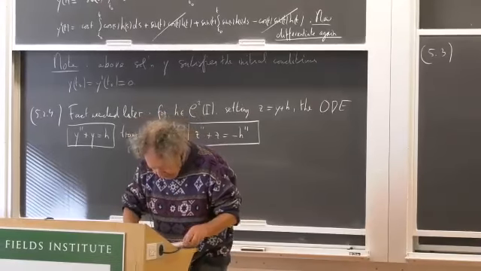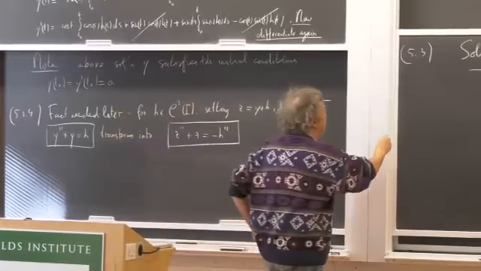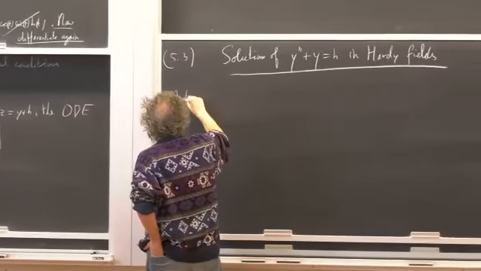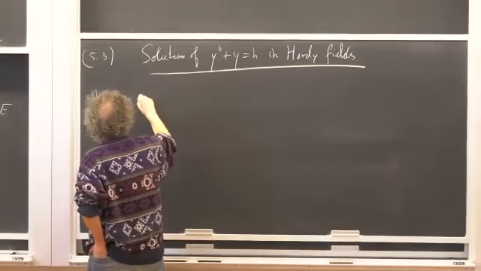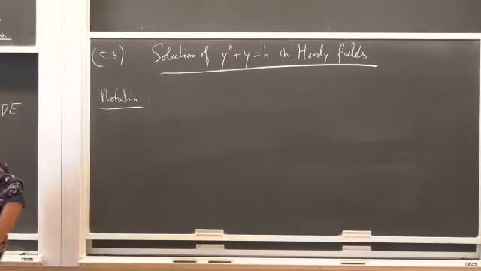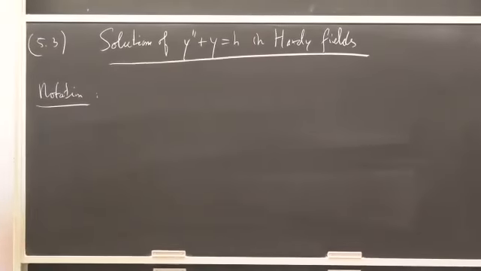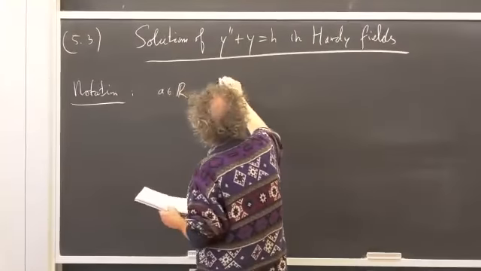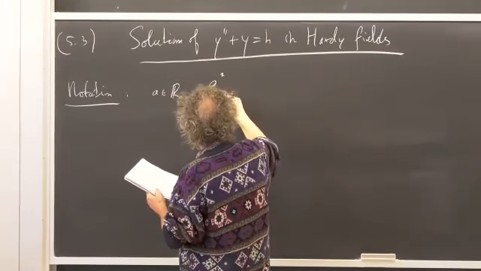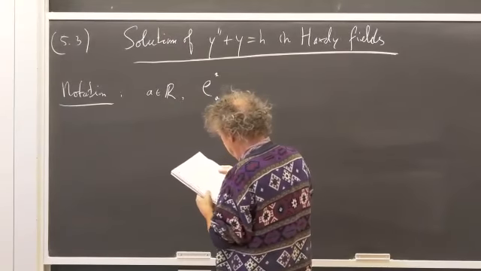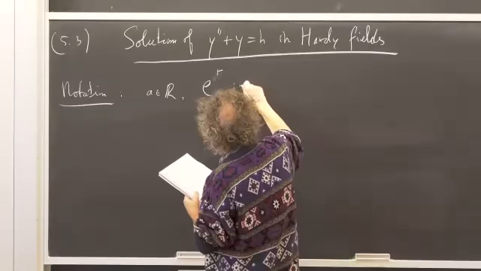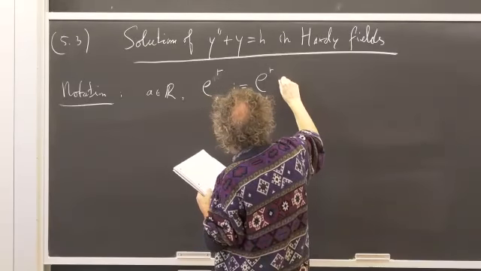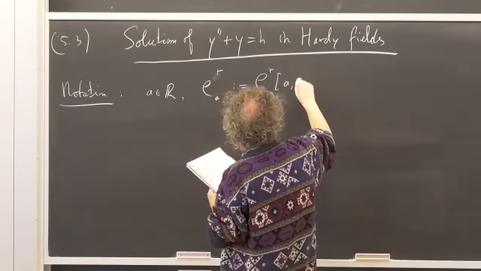Okay. So, notation and terminology. Let a be a real number, and I want to introduce an abbreviation, C^r_a. This is simply C^r of [a, +infinity).